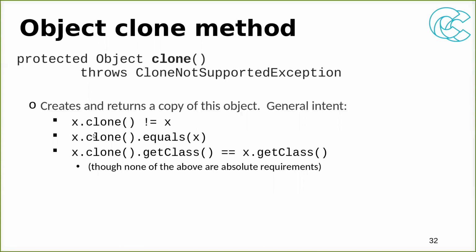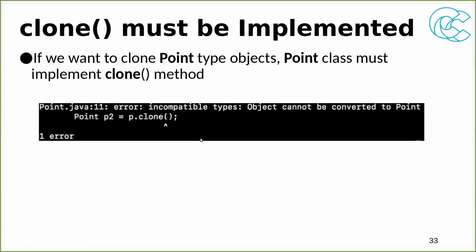In that sense, the clone should be equal to the original object x. The last requirement is that both should be of the same type. If x is of type point, then x.clone should also be of type point. This is the general intention, or at least how you want the clone to work. So let's see how we can accomplish that.